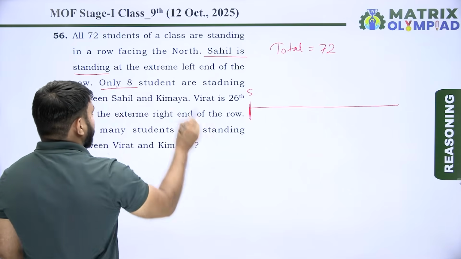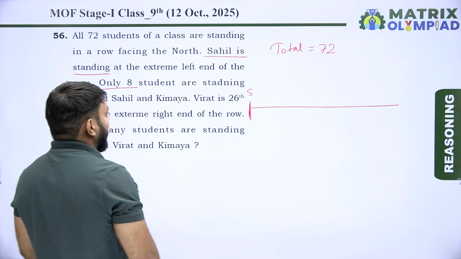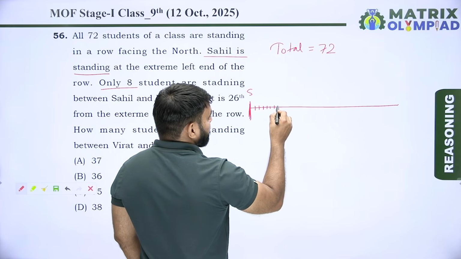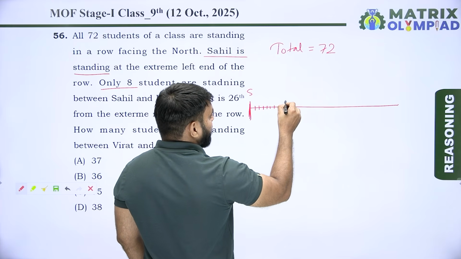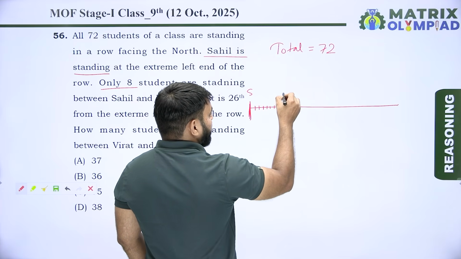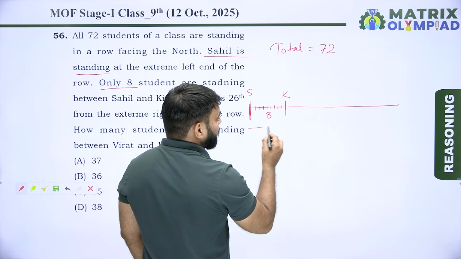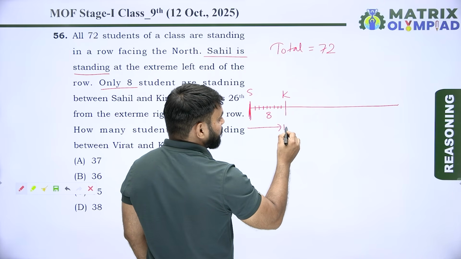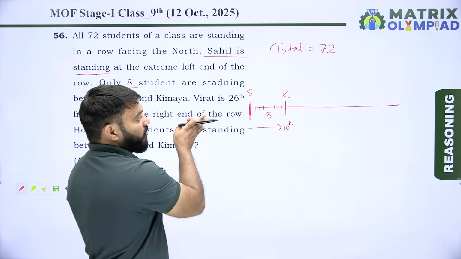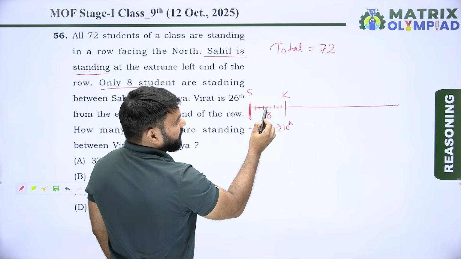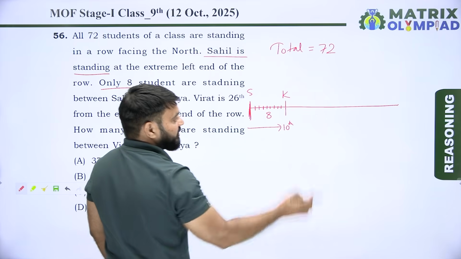Now only 8 students are standing between Sahil and Kimaya: 1, 2, 3, 4, 5, 6, 7, 8. These 8 people are standing in between Sahil and Kimaya. So the position of Kimaya from the left is 10th: 1, 2, 3, 4, 5, 6, 7, 8, 9 and 10th.